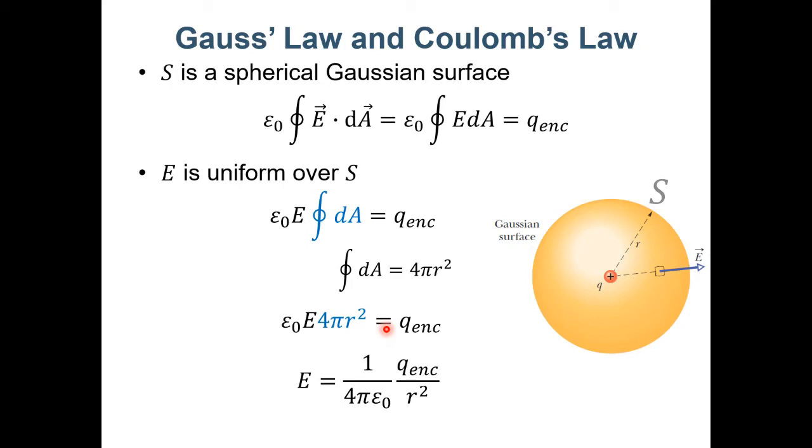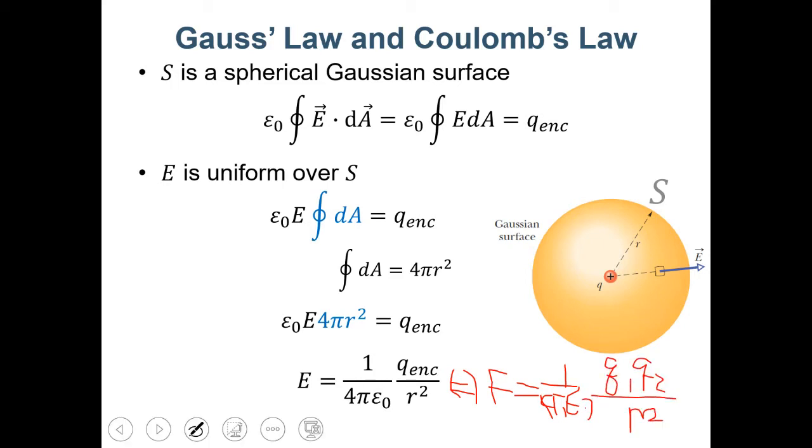And this is nothing but what we had in chapter 22, the same equation: k Q1 Q2 over r squared. So this is Coulomb's law.